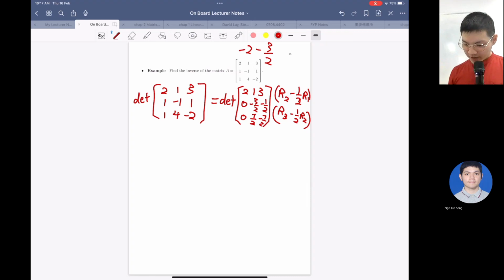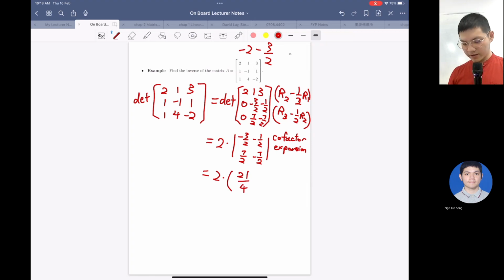Now I use cofactor expansion. So what do I get? I get 2 times the minor: 3/2 minus 1/2, and then 7/2 minus 7. I get 21/4 plus 7/2, which is 7/4.